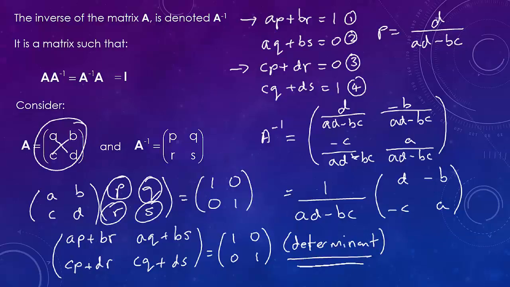The determinant of a matrix is AD minus BC.